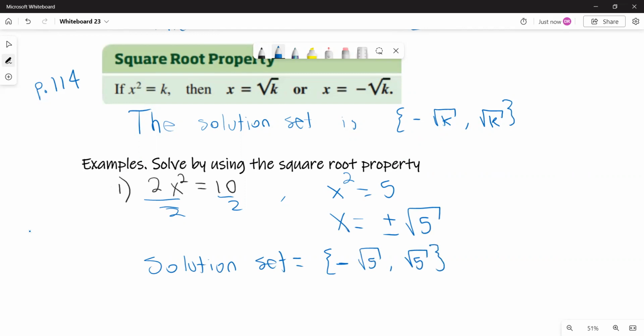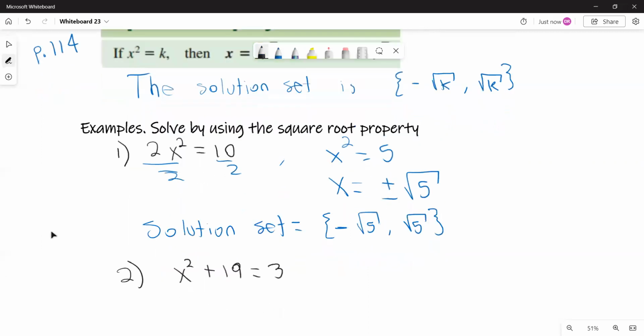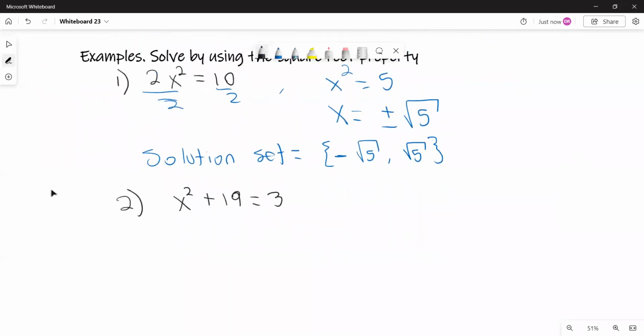Number 2. Solve by using the square root property, x squared plus 19 equals 3. Step number 1. We need to isolate x squared on one side. We can do this by subtracting 19 from both sides. And x squared is negative 16.